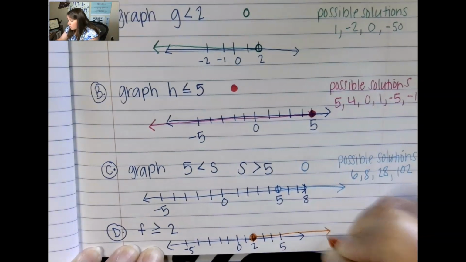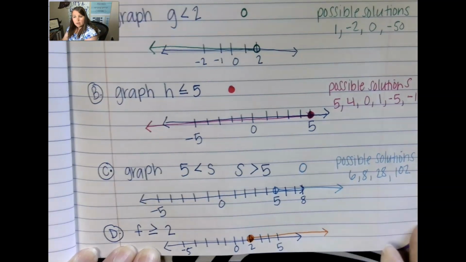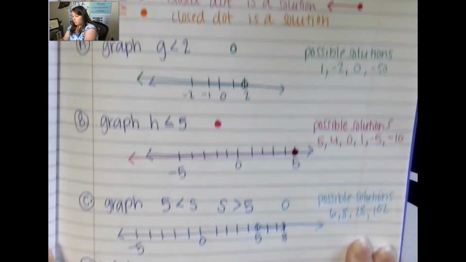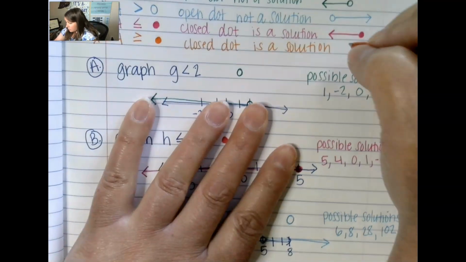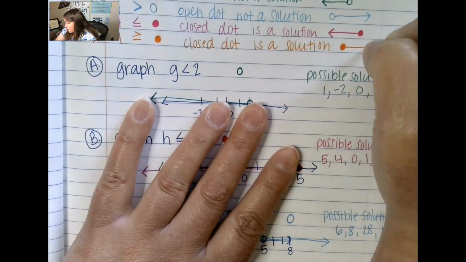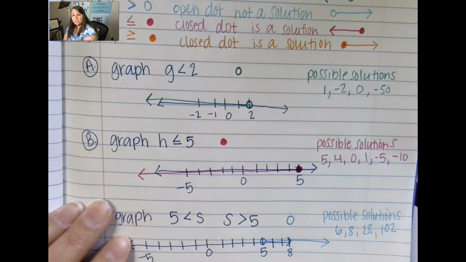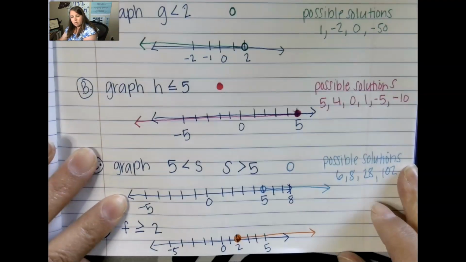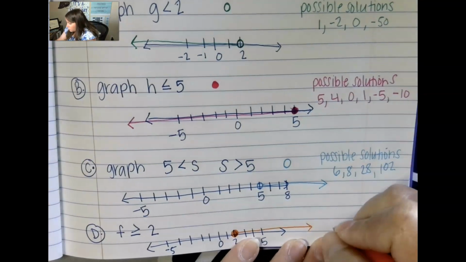So we're going to draw our line going to the right, a closed dot and everything that is bigger going to the right, getting closer to 0, past 0, further on the number line over to the right.